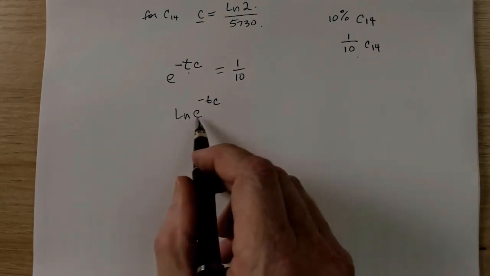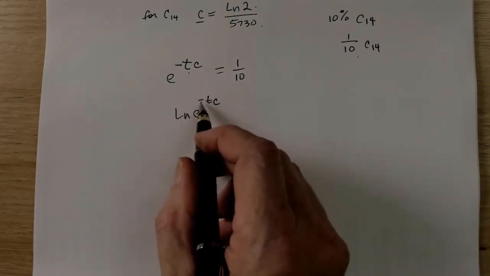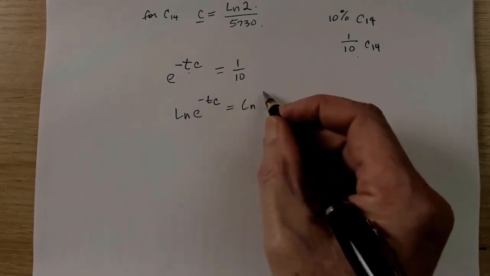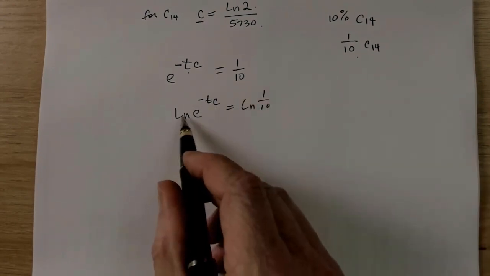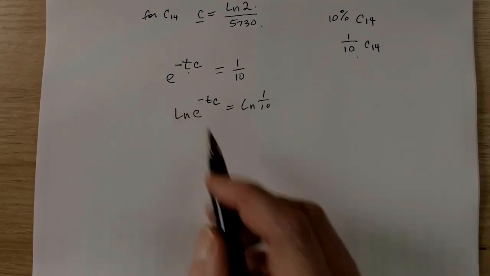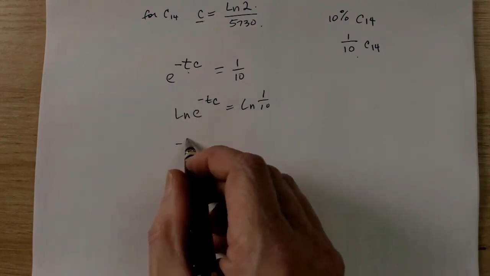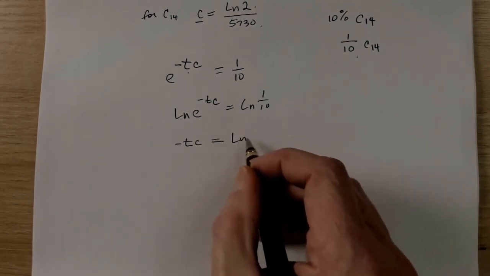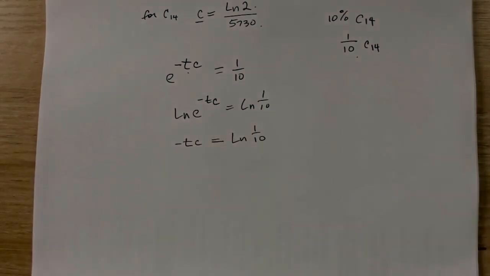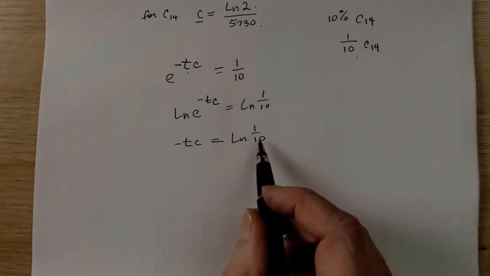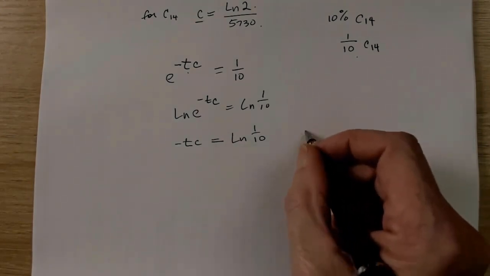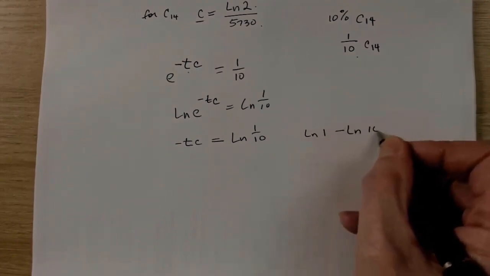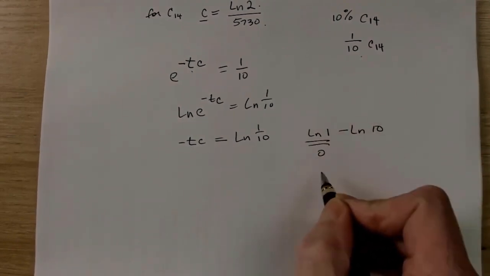So we'll take the natural log of e raised to the power of negative tc equals the natural log of 1/10. The natural log of e is 1, and we can bring the exponent down, so we get negative tc equals the natural log of 1 over 10. Recall the natural log of 1 over 10 is the natural log of 1 minus the natural log of 10. This equals 0.